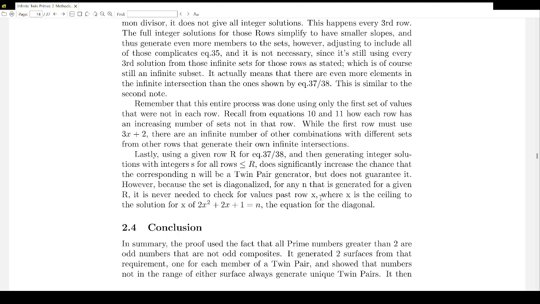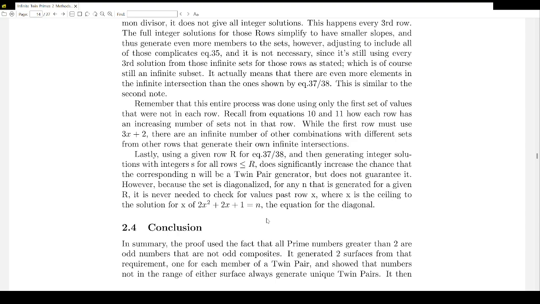For any n that is generated for a given R, it's never needed to check for values past row X, where X is the ceiling. So the solution for X, 2x squared plus 2x plus 1 equals n, the equation for the diagonal. Oh, okay.